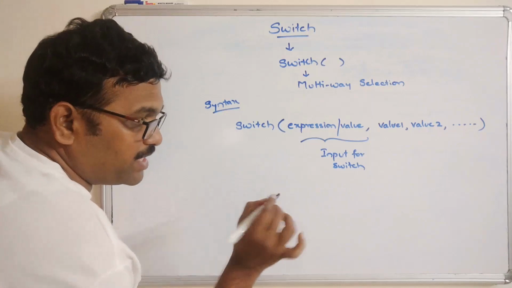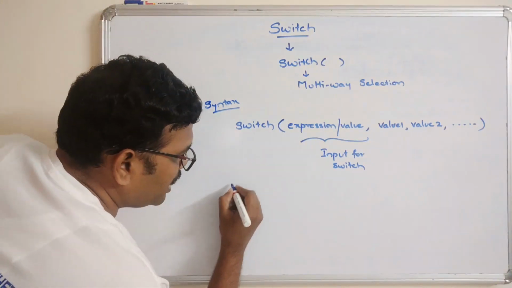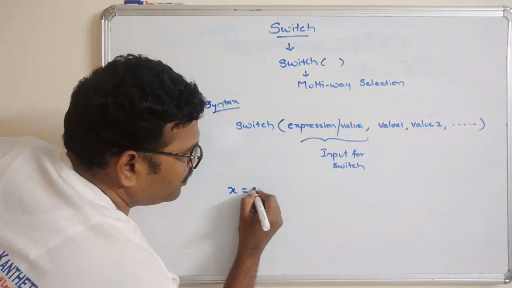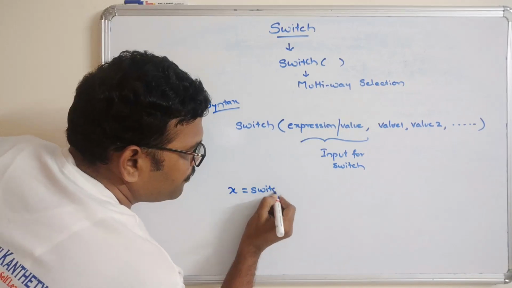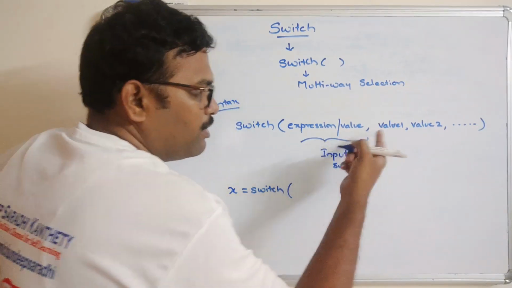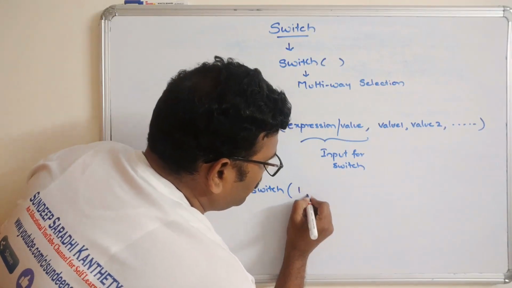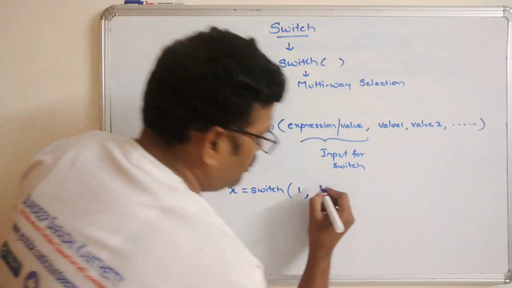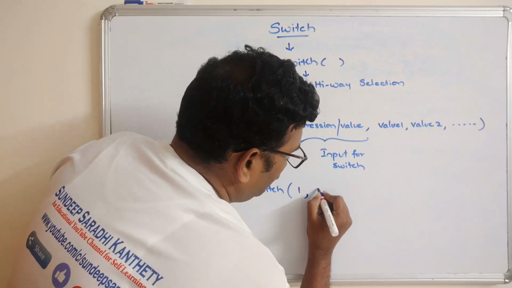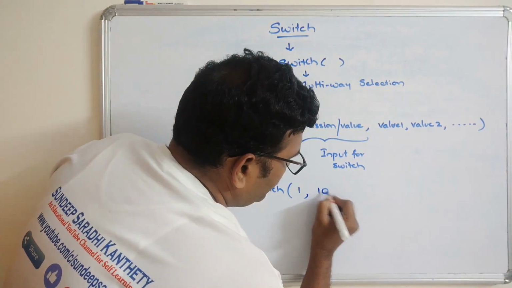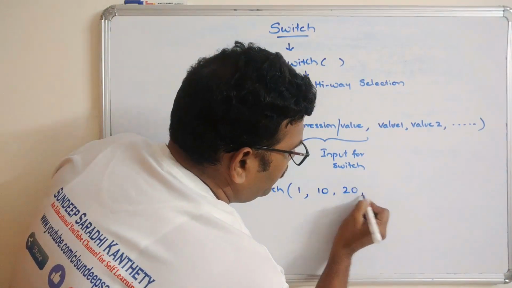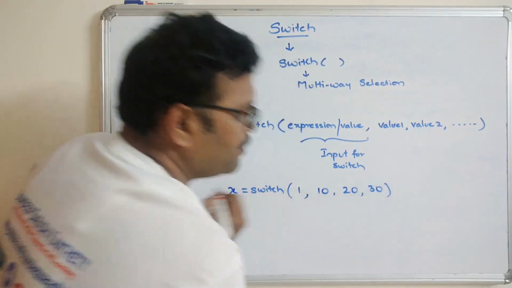For example, let us take x is equal to switch of a value, I will give directly a value like 1, comma, 10, 20, 30.